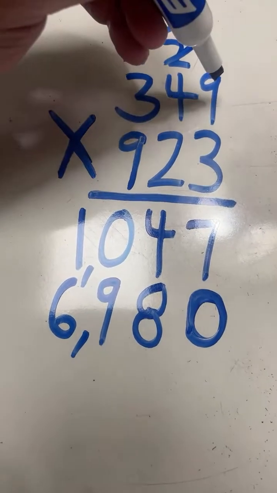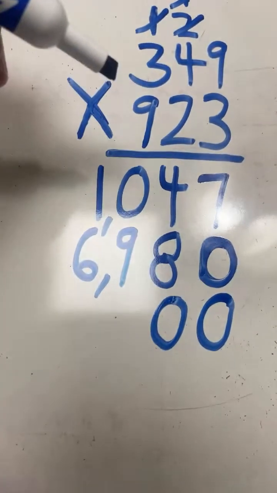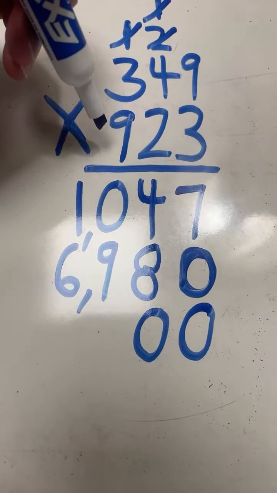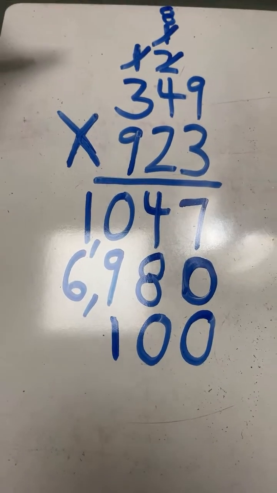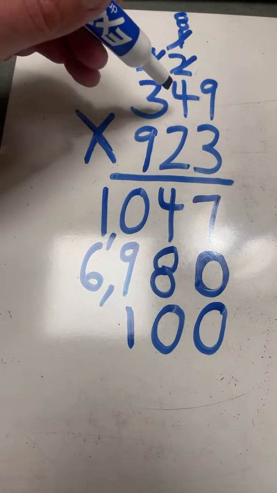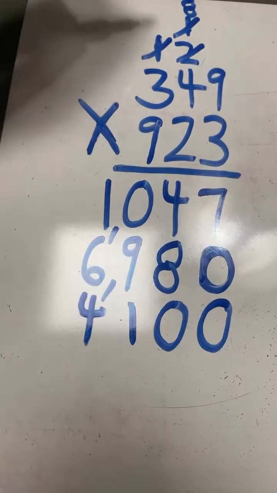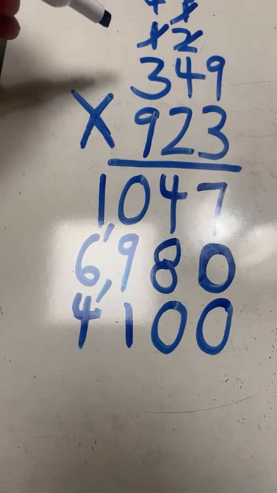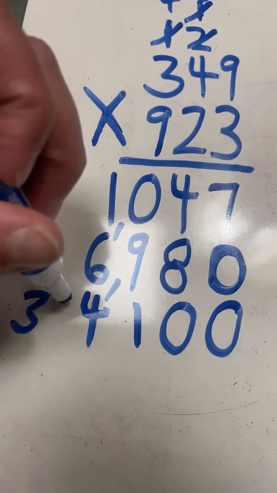Now before we multiply the top three digits times the bottom digit in the hundreds place, we have to put a 0 in the ones place and a 0 in the tens place, because both digits in the ones and tens place have been multiplied. 9 times 9 equals 81. 1, carry the 8. 4 times 9 equals 36, plus 8 equals 44. 4, carry the 4. 3 times 9 equals 27, plus 4 equals 31.